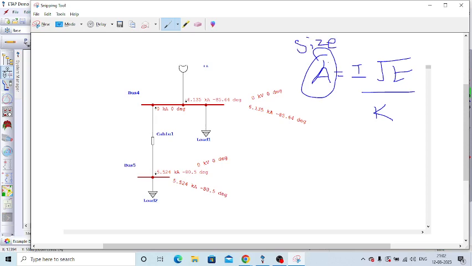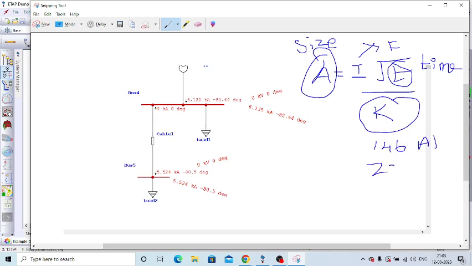This is for the short circuit current calculation. I is the fault current. T is the time, that is, the breaker operating time. Then K is a constant. For K, I remember 146 for aluminum cable and 220 for copper cable. Based on this formula, we have to arrive at this size.